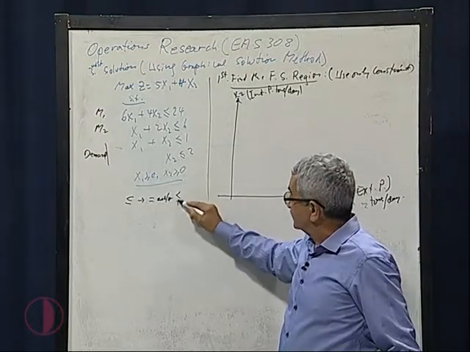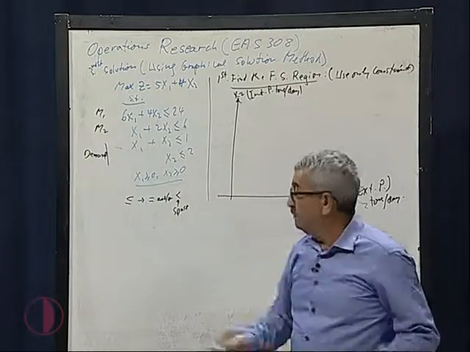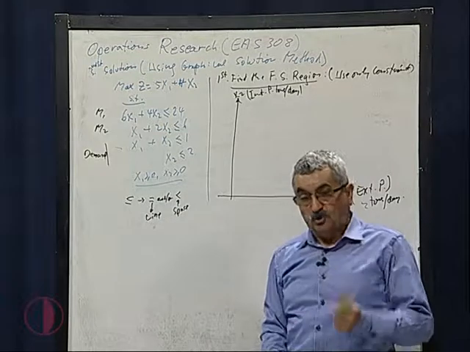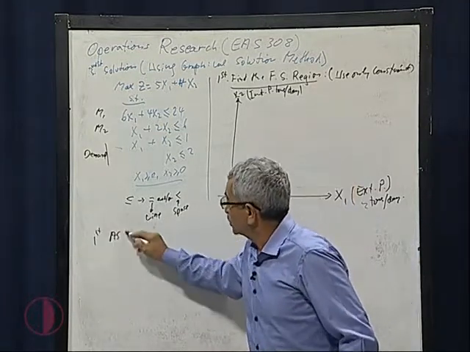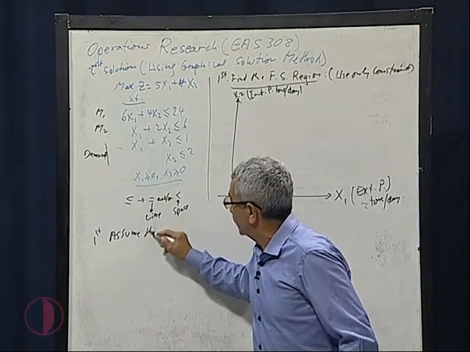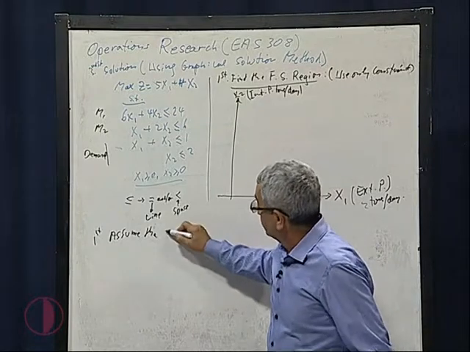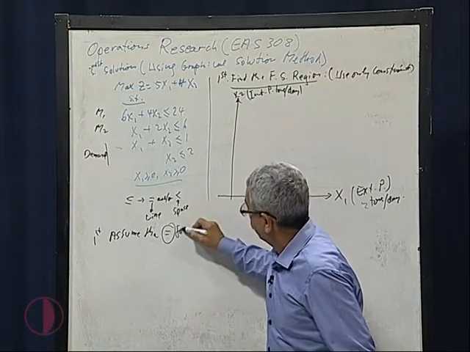That shows us space, area, and that shows us line. Don't forget this. So, assume that all these constraints are in equality form.